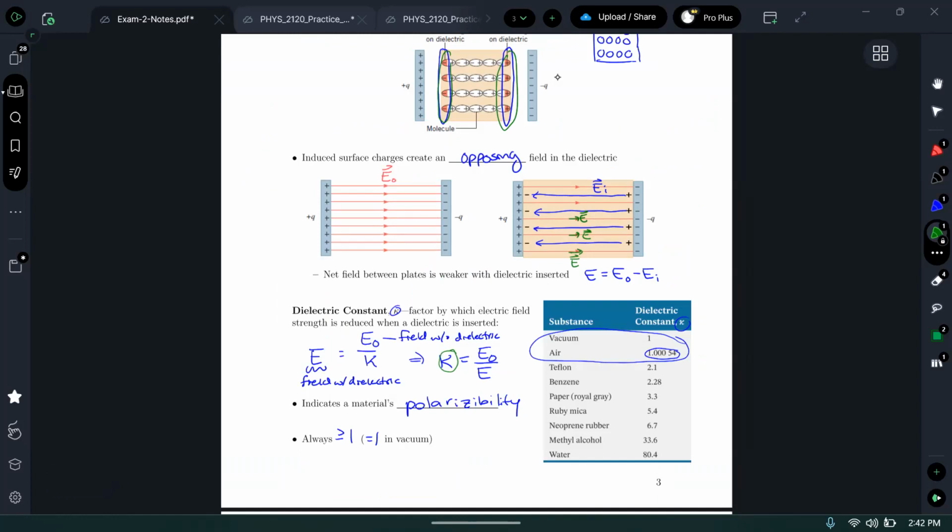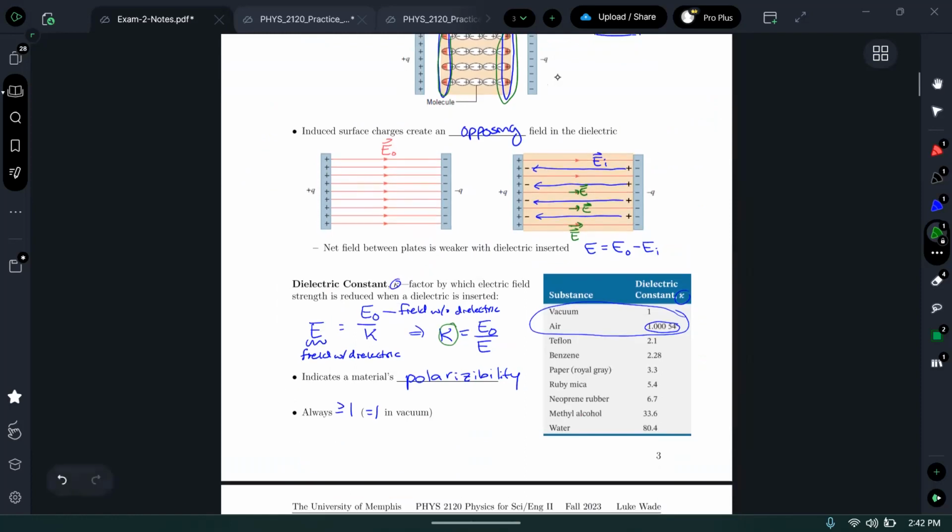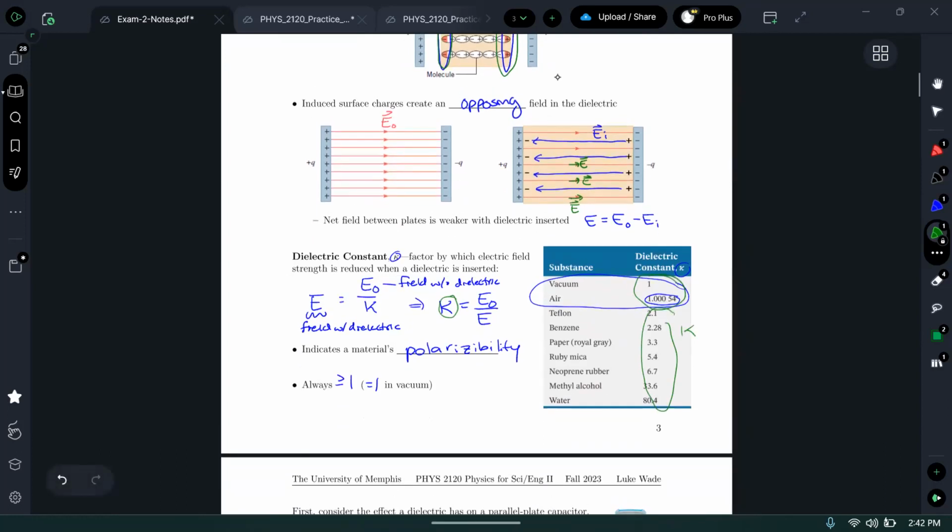In the case that you're dealing with vacuum, so empty space, or air, that dielectric constant is, for all practical purposes, just 1, and so doesn't affect your calculation of capacitance. If you're given another material, it will probably tell you on the exam that kappa equals a certain number, and then you would use that in your calculation of capacitance.